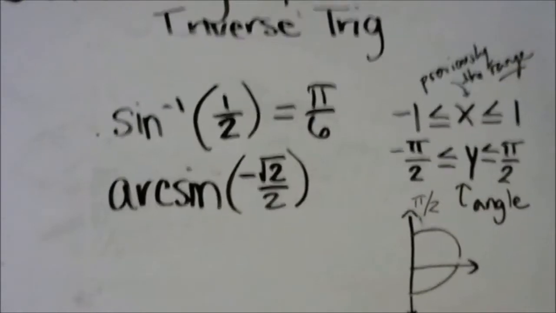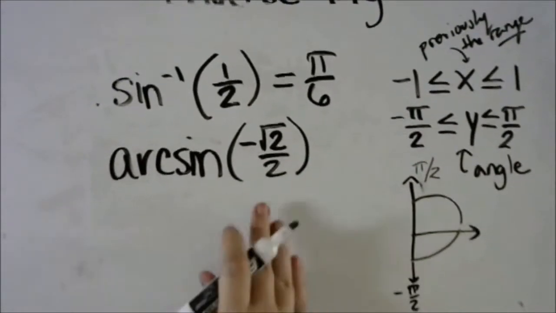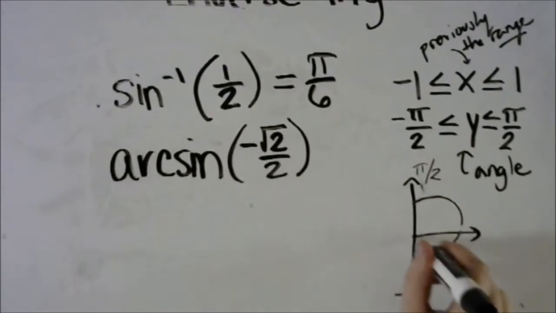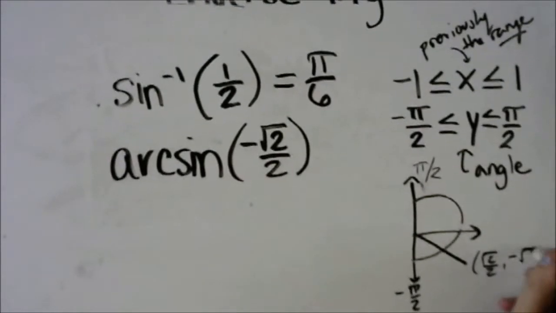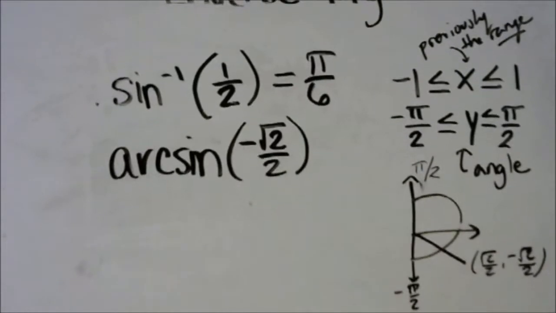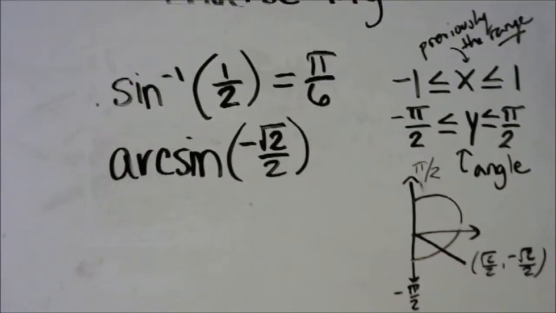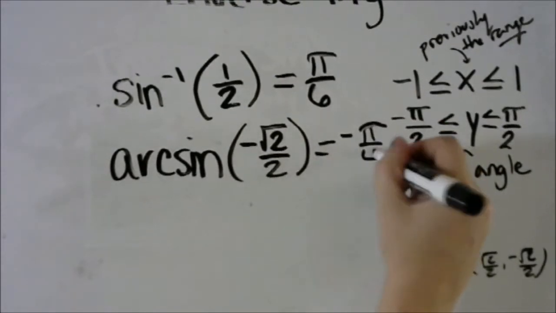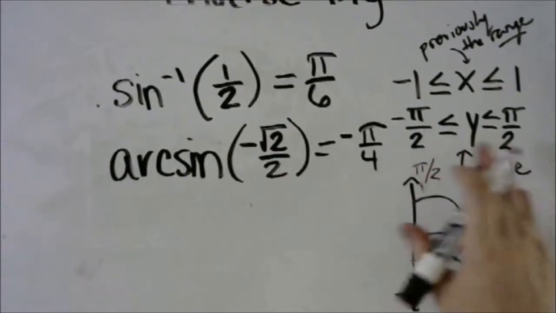We want all of our answers to be from negative pi halves to positive pi halves. With that in mind, we're going to find negative root 2 over 2 down here in the fourth quadrant. And the angle we're going to find it at is not 7 pi over 4, but is actually negative pi fourths. We need our answer to be within our acceptable range.